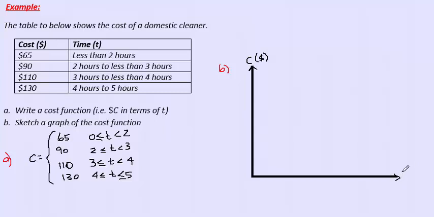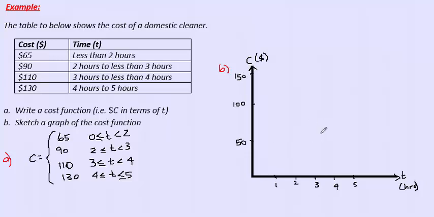And this axis is my time and I'm measuring that in hours. So I'm going to label that. Now, across the bottom I'll have 1, 2, 3, 4, and 5. And then up my cost axis, let's divide it into $50 notches.